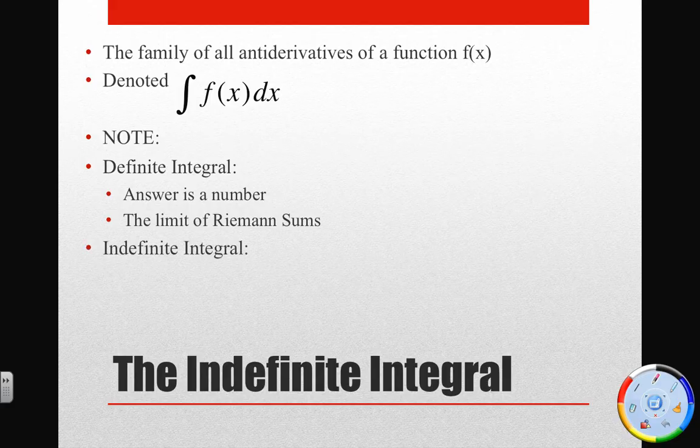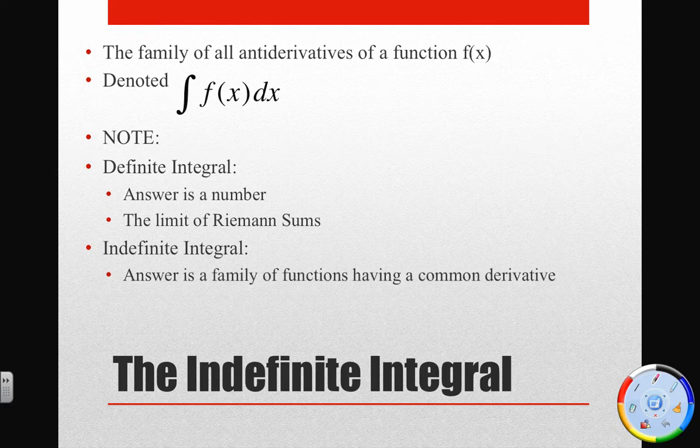However, the indefinite integral is a family of functions that have a common derivative. We'll look at one here in just a second. With numbers here, that means it's an area and you're going to get a number. Without numbers, that means you're going to get an antiderivative, an actual function.